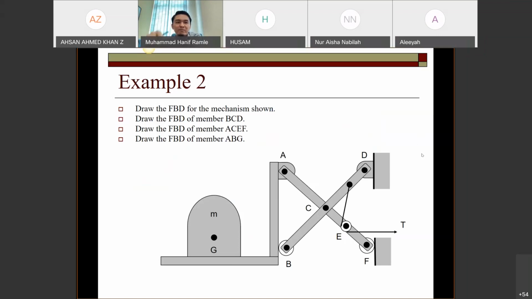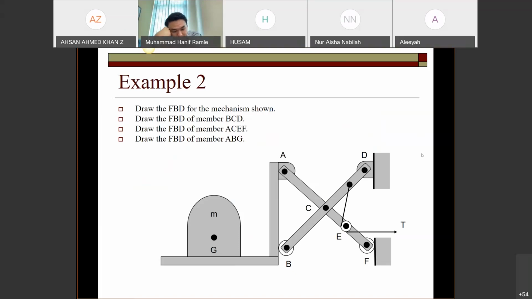If your FBD is wrong, your calculation will be wrong. If your FBD is right, maybe inshallah your calculation will be right as well. So FBD is important. It is not only in statics, but it will be important in your next course, which is solid mechanics. Make sure that you are able to draw the FBD correctly.